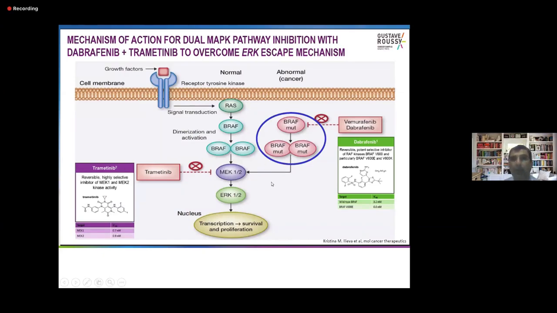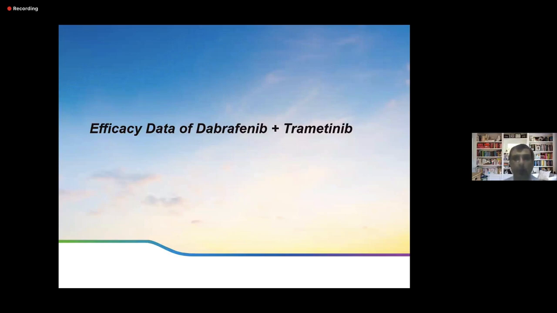Now, in dabrafenib trametinib, dabrafenib blocks the BRAF, and trametinib blocks MEK1 and 2. So it's like 1 plus 1 equals 11. And that is why the response rate to dabrafenib and trametinib is much better. It is not an additive combination. It is a synergistic combination because trametinib helps to overcome the MEK or ERK escape mechanism. So now let's look at the data of dabrafenib and trametinib.